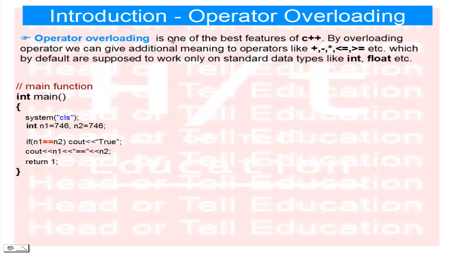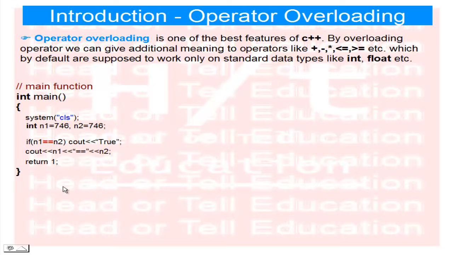By overloading operators, we can give additional meaning to operators like plus, minus, multiply, less than, equal to, greater than, etc., which by default are supposed to work only on standard data types like int, float, etc.